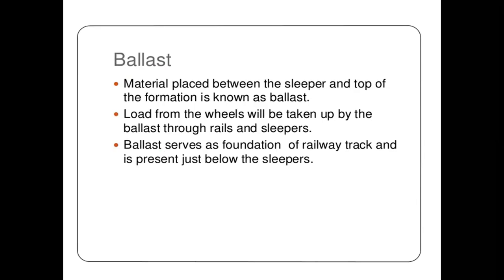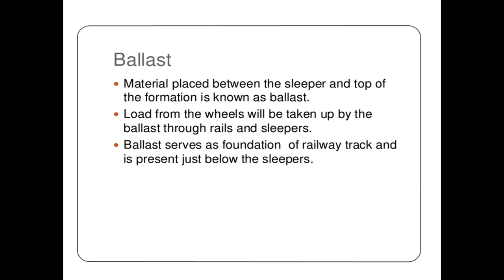The load from the wheels will be taken up by the ballast through the rails and sleepers. The locomotive that passes over the rail transfers its load to the rail, which transfers it to the sleepers. The sleepers and rails both transfer these loads to the ballast.